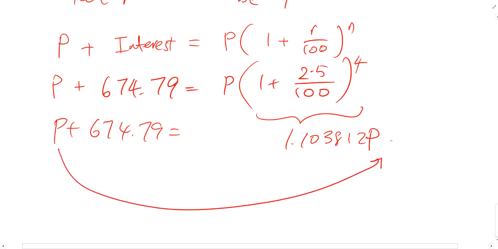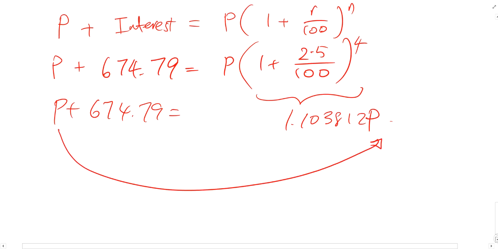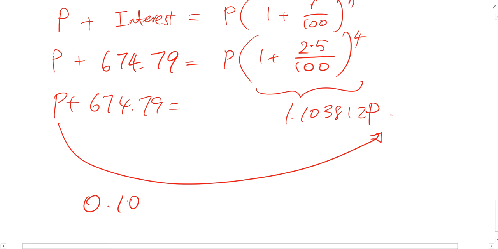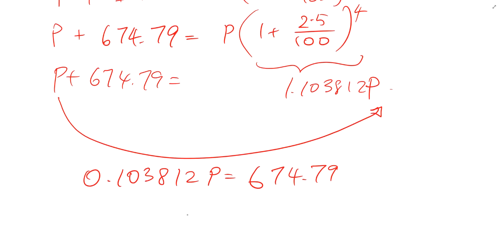This gives us 0.103812P equals 674.79. P must be equals to 674.79 divided by 0.103812, so we get 611.054. Is that the correct answer? Yes. Hey, what happened?